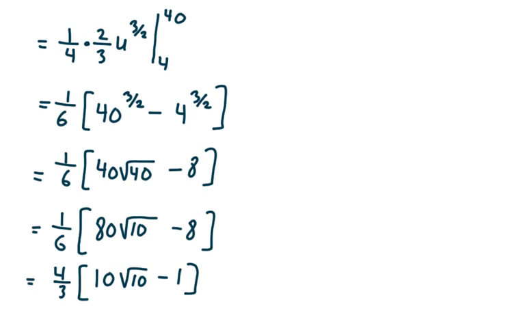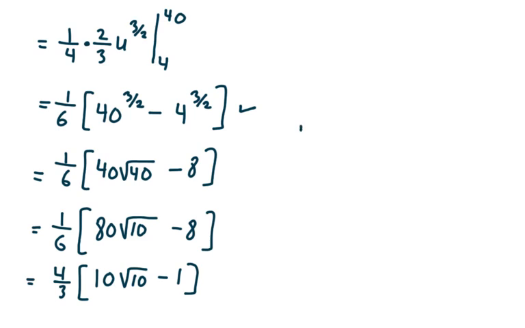So I'm applying the fundamental theorem of calculus. And so on the second line, we end up with 1/6 times the quantity 40 to the 3/2 minus 4 to the 3/2. Okay? So this is 1/6 times the quantity 40 square root of 40 minus 8.